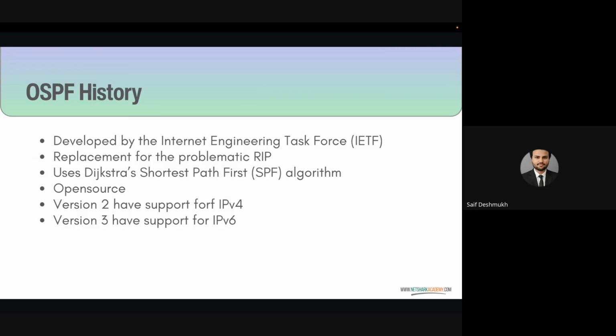Because of that limitation, Cisco came up with their own protocol, and the open standard community also started working on their own version of the protocol. There are two versions that are active at the moment, version 2 and version 3. Version 2 is specifically used for IPv4. Version 3 can support IPv4 as well as IPv6.